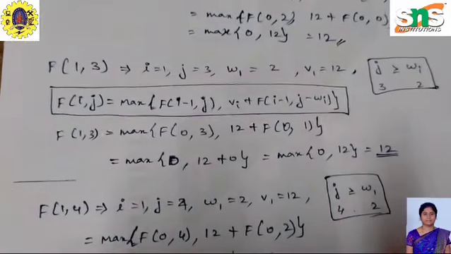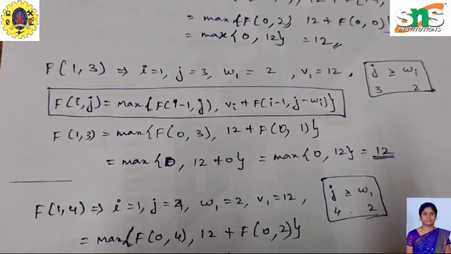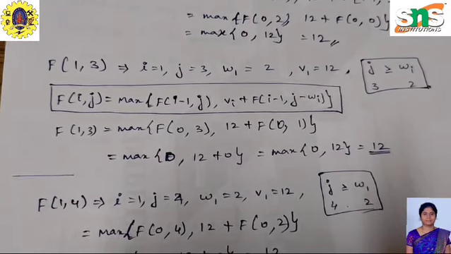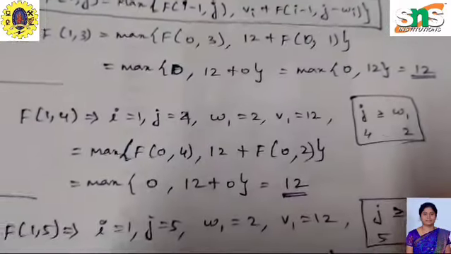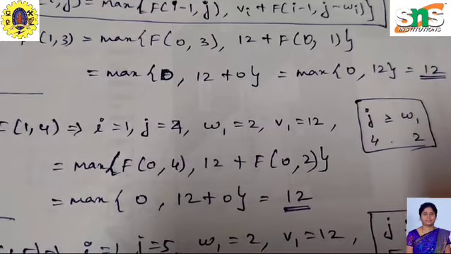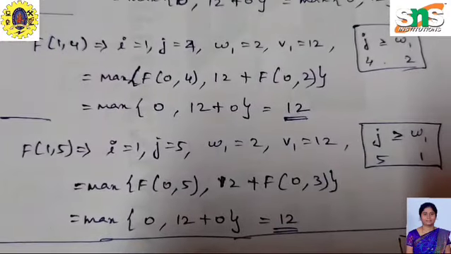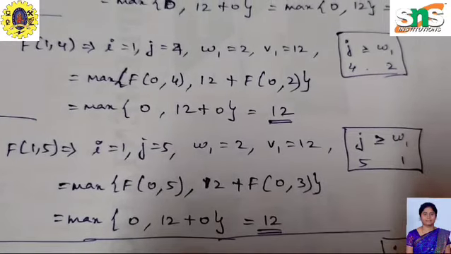So we are substituting this particular formula, and the max of 0 and 12 is 12, so the maximum for this is 12. For f of 1 comma 4 the maximum value is 12, and for 1 comma 5 the maximum value is 12. These values are substituted in the table.